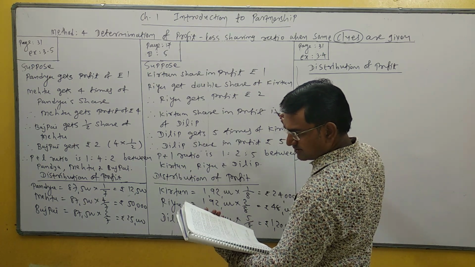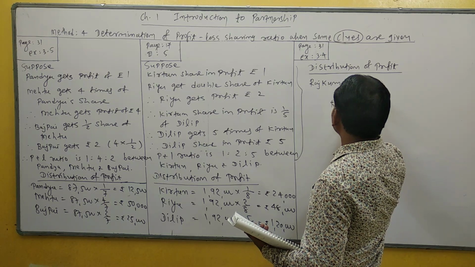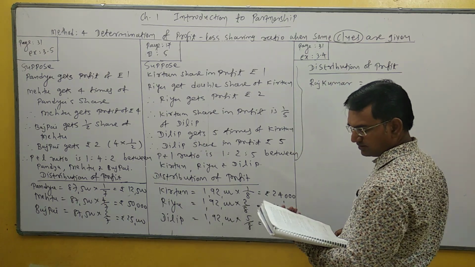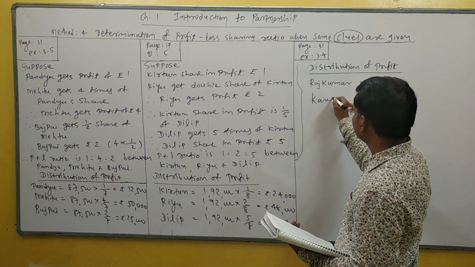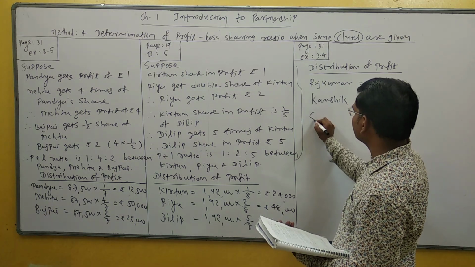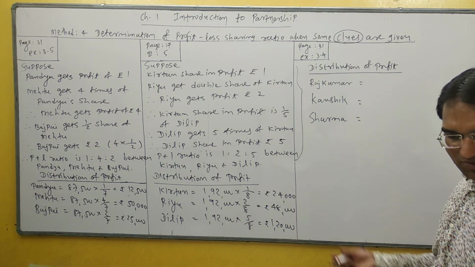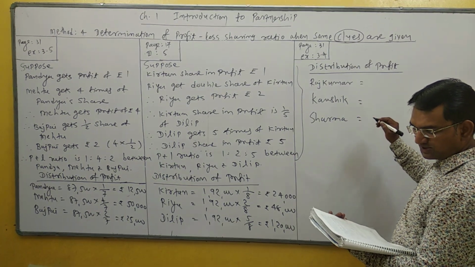First partner is Rajkumar, second partner Kaushik, and third partner Sharma, right? Total divisible profit is clearly given, 68,000.